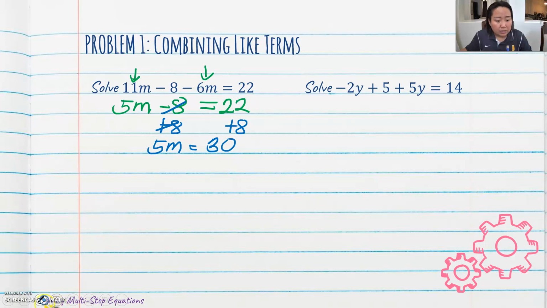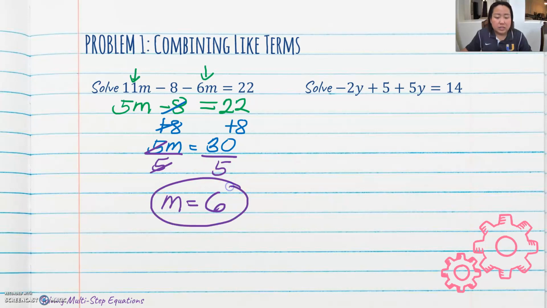And now our last step, to finally isolate our variable, 5 times m, the inverse operation of multiplication will be division. So we divide by 5. 5 divided by 5 is 1. 30 divided by 5 will give us the value of our variable m, and that is going to be 6.